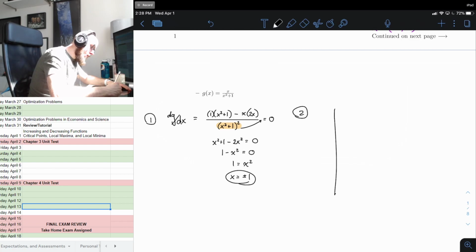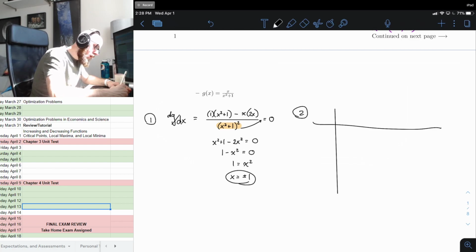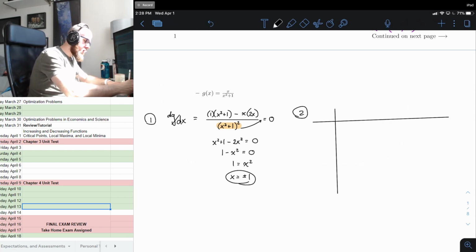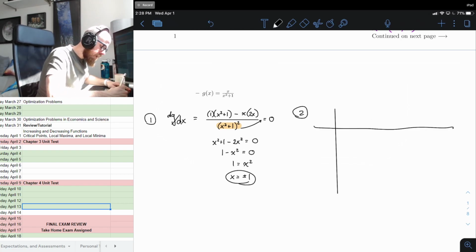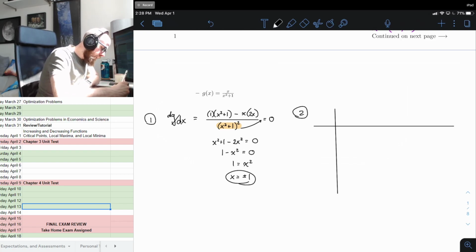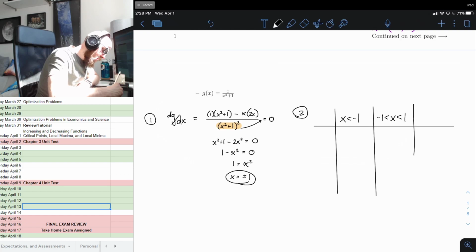So again, along the top, I'm going to define all the intervals split up with my critical points. Okay. So I will have x is anything less than -1, -1 is less than x is less than +1, and then anything bigger than +1.